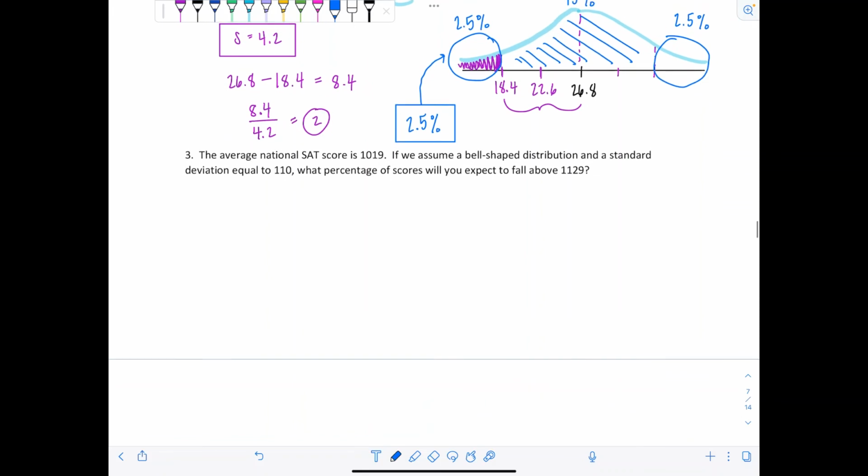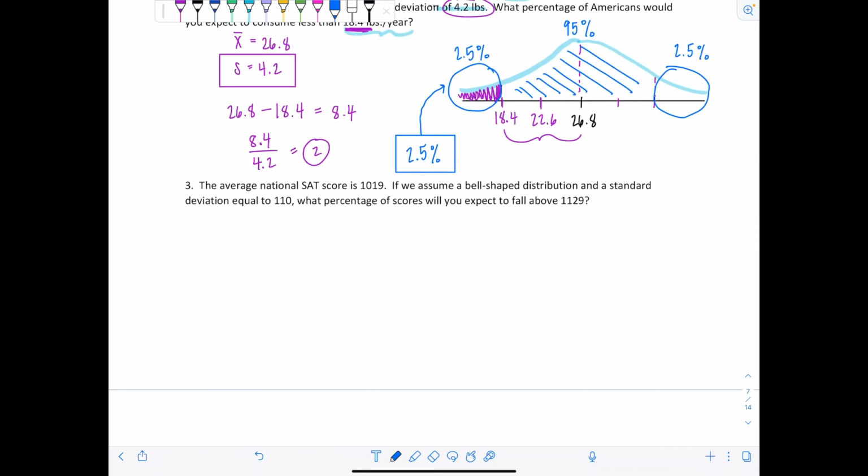The average national SAT score is 1019. If we assume a bell-shaped distribution, so we can use the empirical rule, and a standard deviation equal to 110, what percentage of scores would you expect to fall above 1129? So here's the average. X bar is 1019.